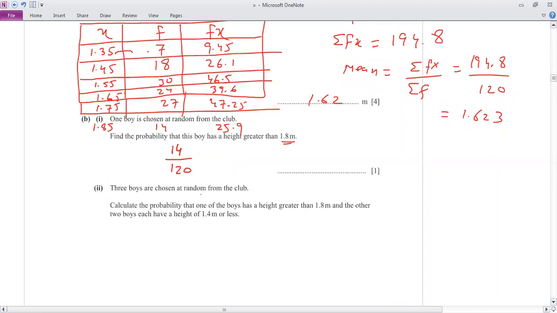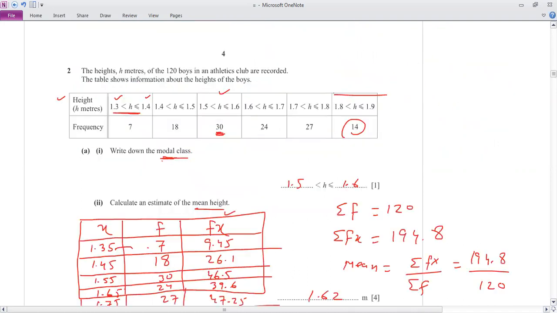Next: 3 boys are chosen at random from the club. Calculate the probability that one of the boys has a height greater than 1.8 and the other 2 boys have a height of 1.4 meters or less. You have to select from here or from here, so in total 3 you have to choose.